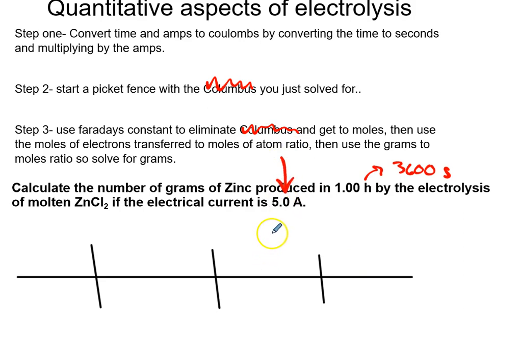So the first thing I need to do is multiply 3,600 times 5. Is that 18,000? Okay, so that's 18,000. All right, and that would be coulombs. That's an amount of actual charge.